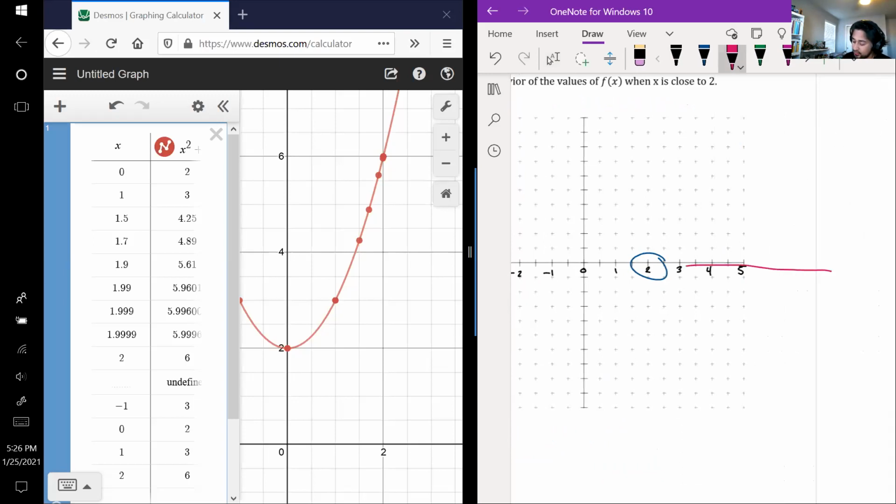So we're coming this way, which means if you approach a limit from the right, all the numbers are bigger than the number that you were approaching. So we're coming from positive infinity to get closer and closer to this number.